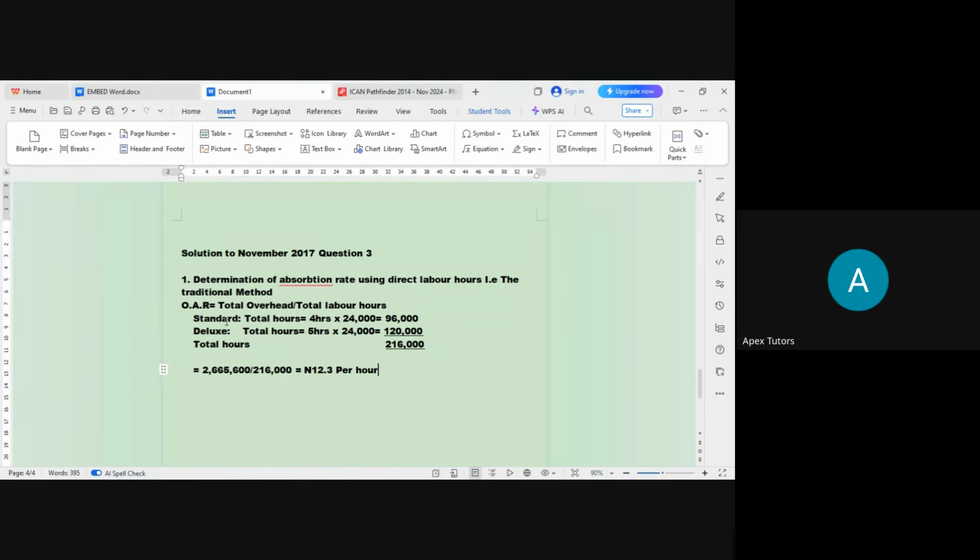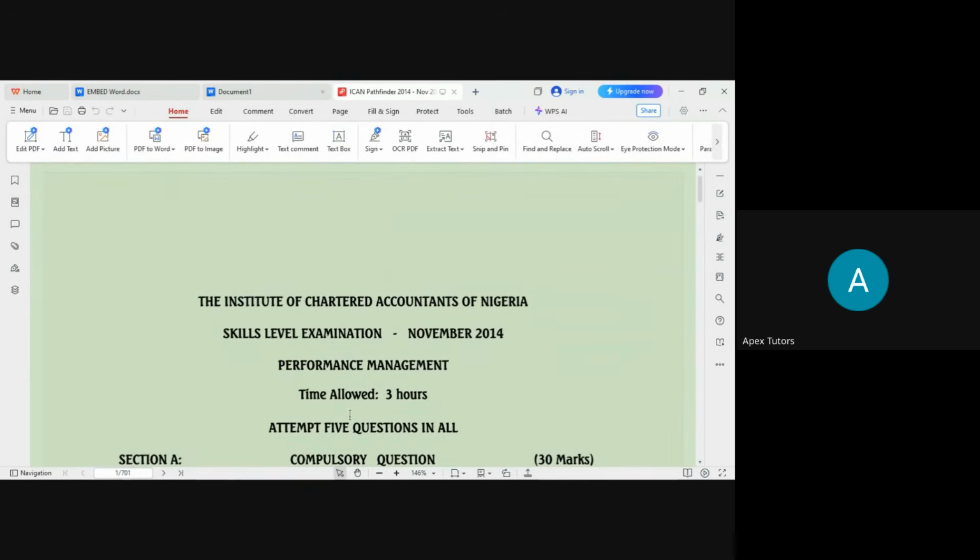Don't get confused by anything. Yes, please. The next is use the direct labor hour rate to compute the overhead rate attributable to a unit of the standard. Let's see. Okay, yeah. Let me go there now.